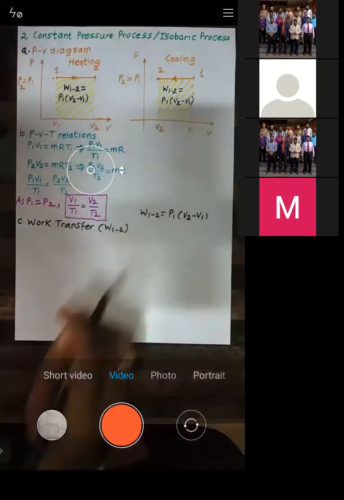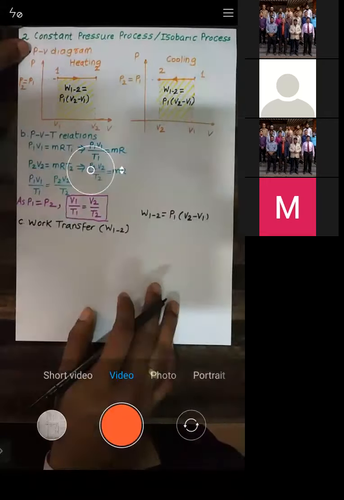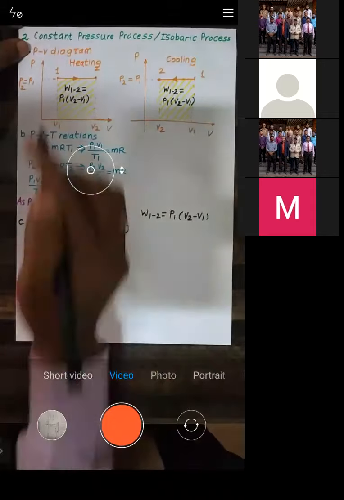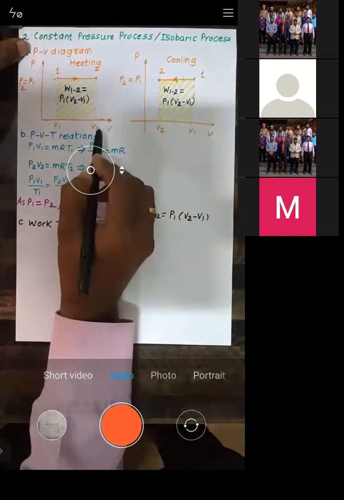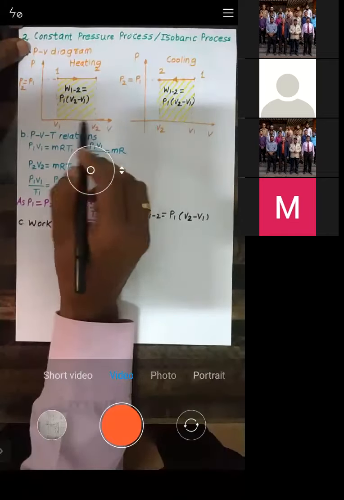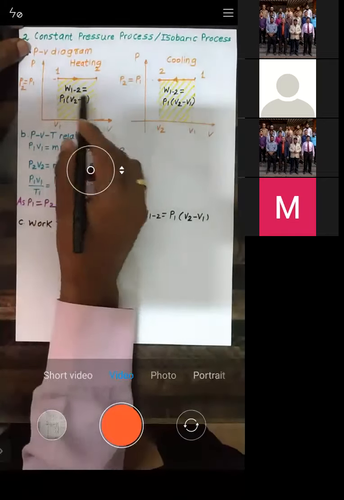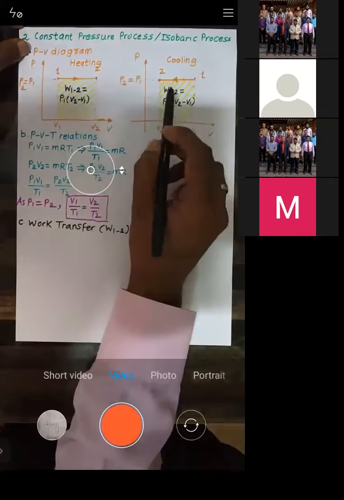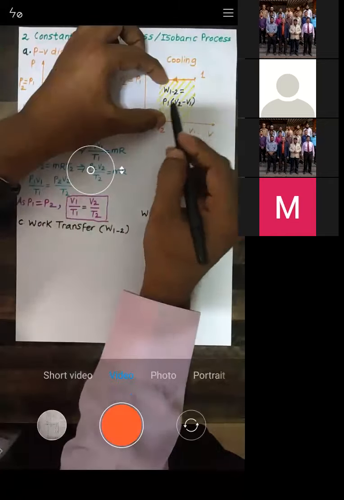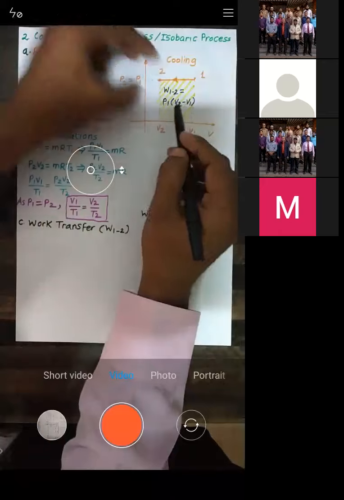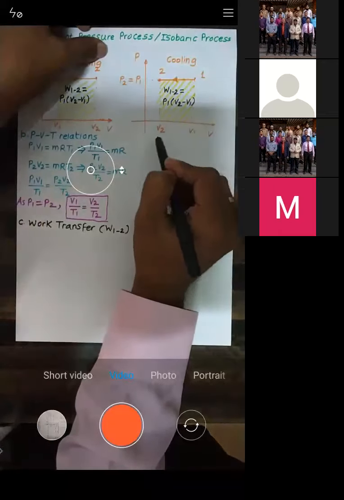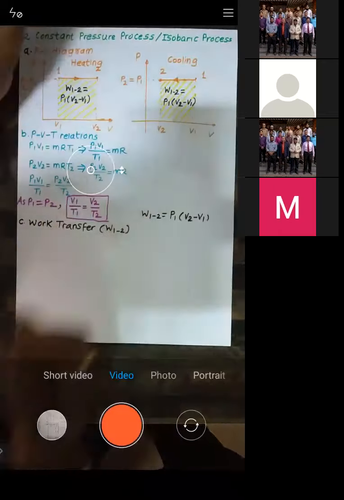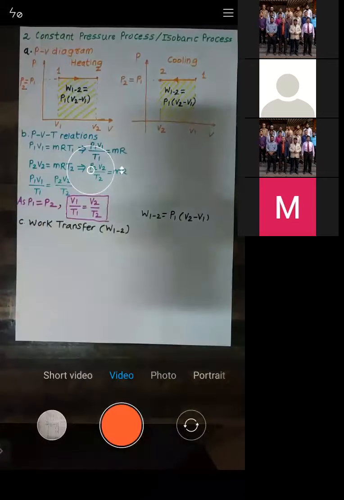Try to understand. We always write final state minus initial state. At the final state, volume is V2, at the initial state, volume is V1. Similarly here, this side measures P1 or P2, so it is P1 into the change in volume, that is final volume minus initial volume. Is it okay?